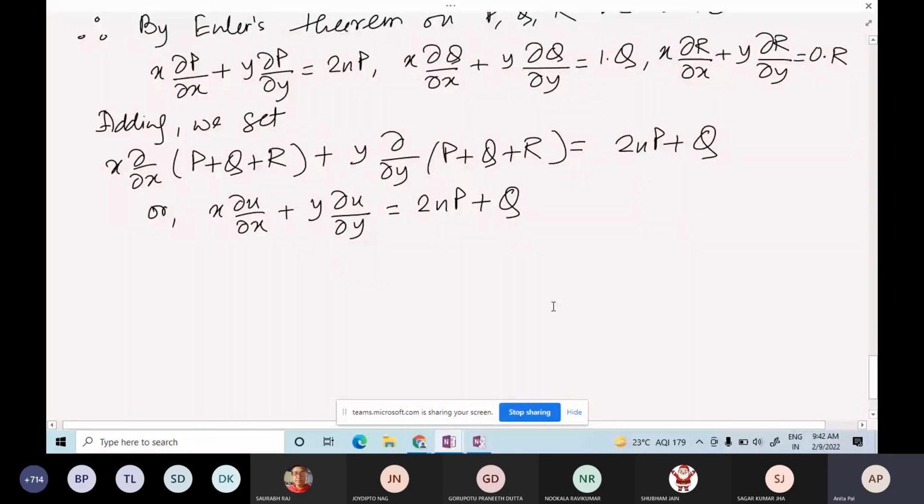Let us name this equation number 1, suppose.